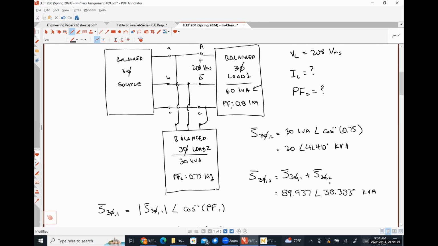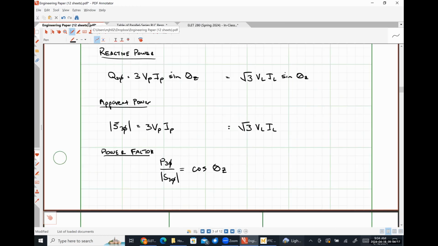It can't be power divided, voltage divided by power. So let's look at our apparent power relationship right here. So we have the apparent power supplied by our source. That's just the magnitude of our answer. We were provided VL.